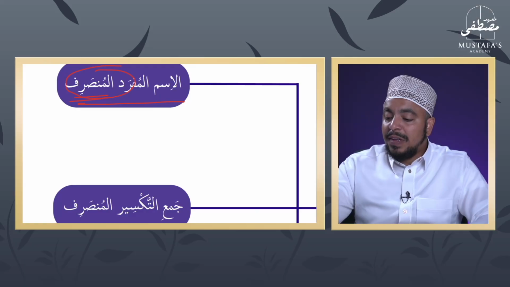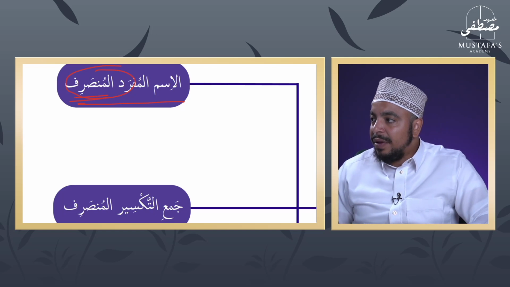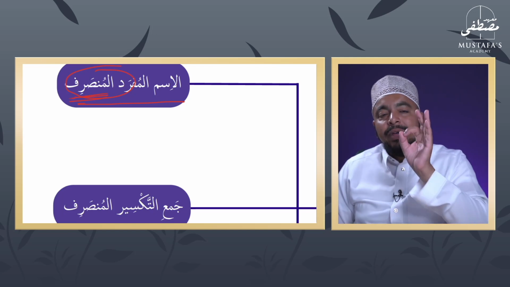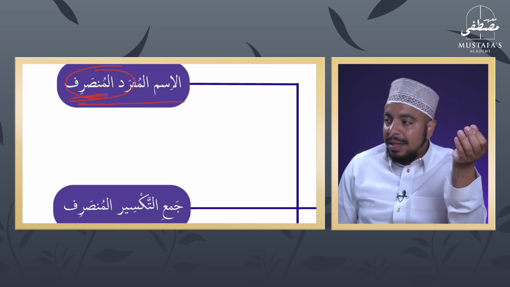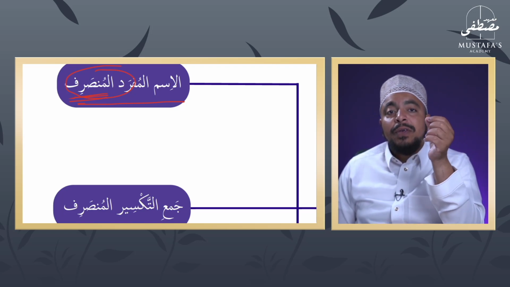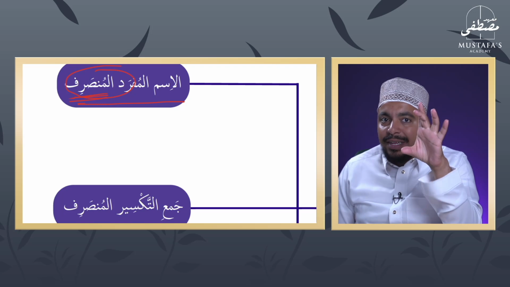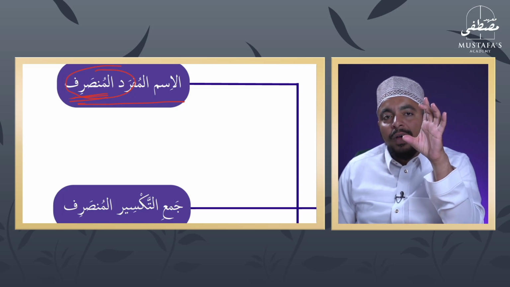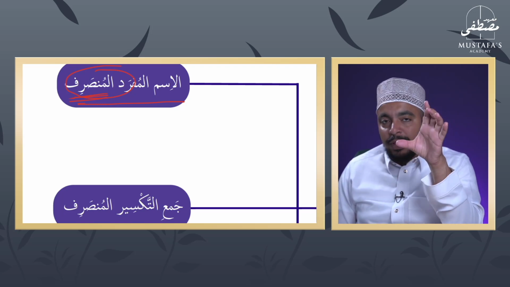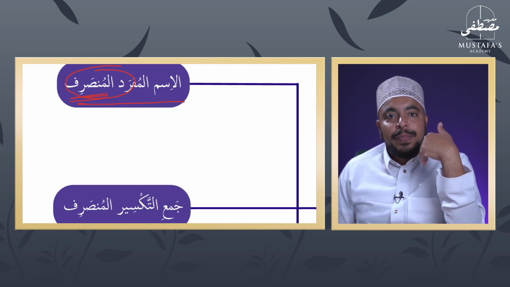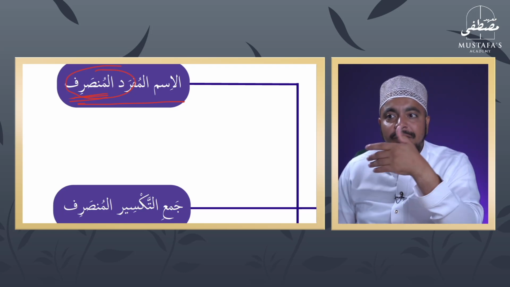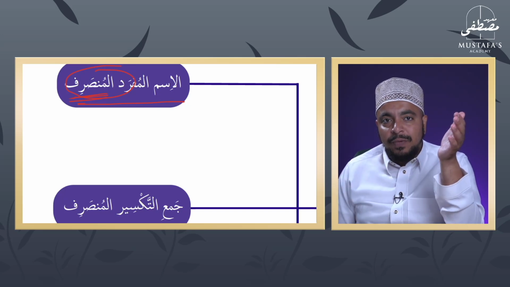فالاسم المفرد المنصرف. This is one specific type of noun. Even if it's single form or any other form we're going to look into, it's specifically for this type of inflection, which is the khafd itself. So not every single type of single form noun.